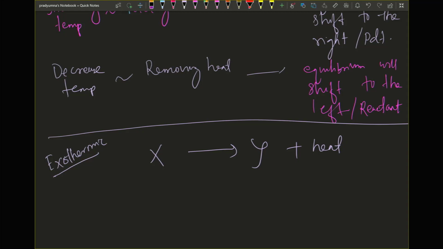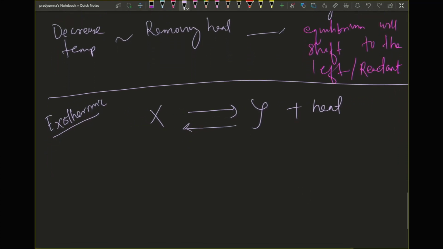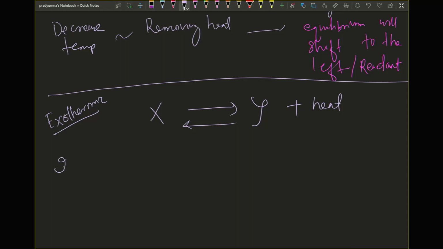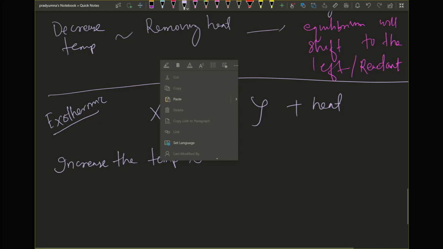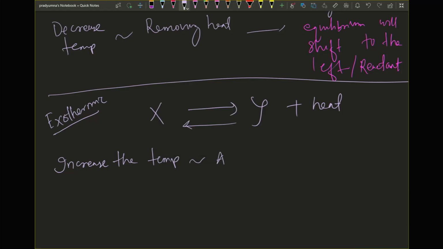Okay, so let's say the equilibrium is achieved and the forward reaction is exothermic and there is a backward reaction. So in this case, if I increase the temperature, which is pretty much the same as adding heat, what would happen? Pause the video right here. Now I'm gonna give you the answers.